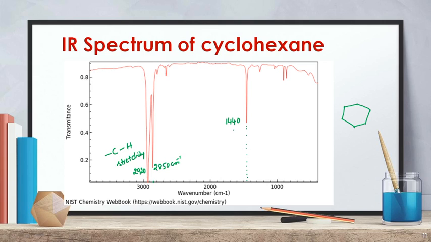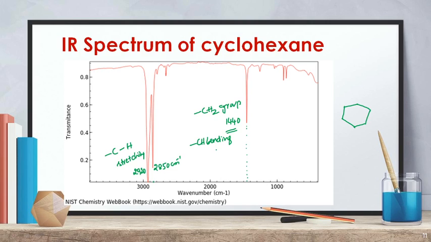So at 1440 centimeter inverse you find the absorption peak. This absorption peak is due to the methylene group, the CH bending of the methylene group. So CH stretching is present, and CH bending is also present.